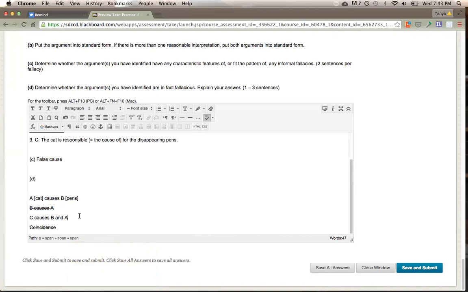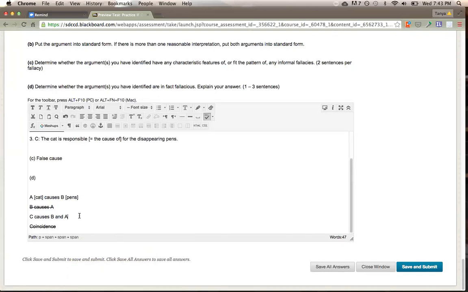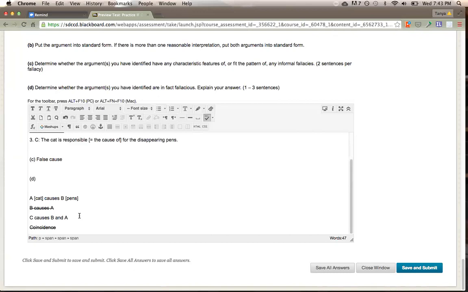Is there a common cause? Some other thing C that is responsible for the cat getting in the office and the pens disappearing. What could that be? If there is any plausible C that hasn't been ruled out, then we can't conclude this. And if not, then we can conclude this.